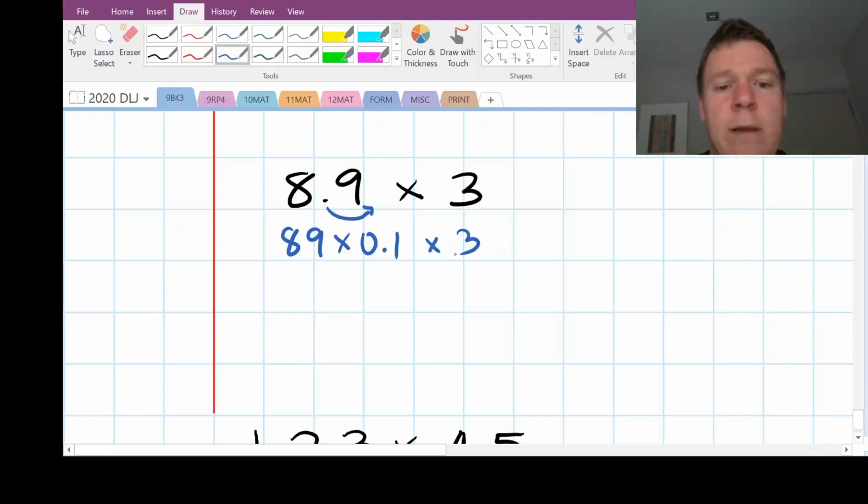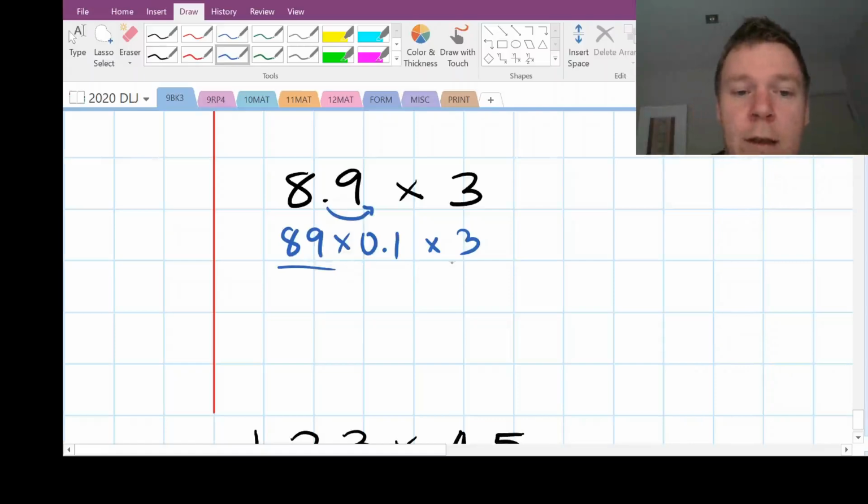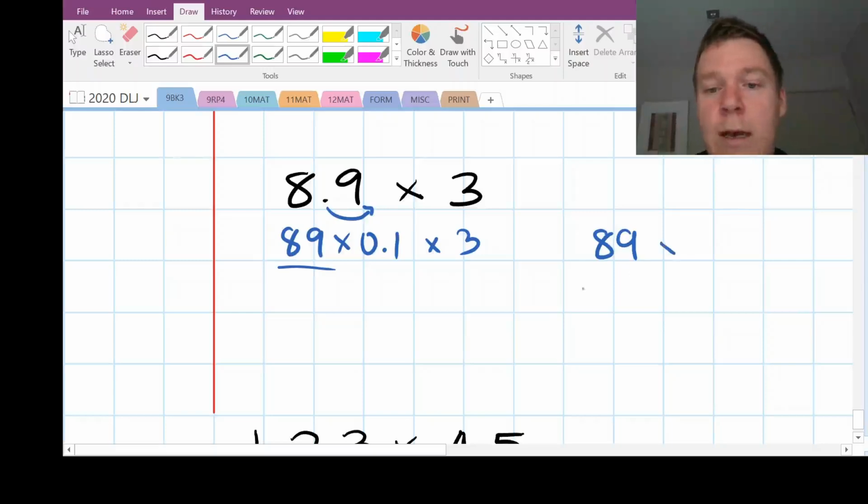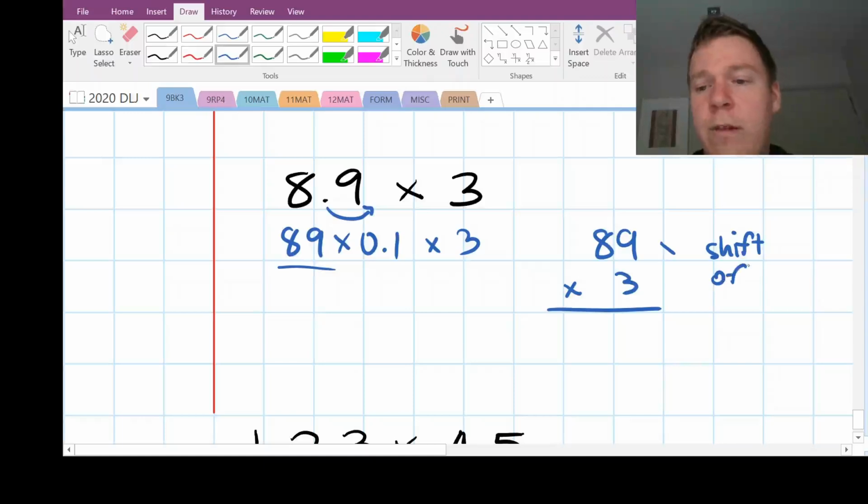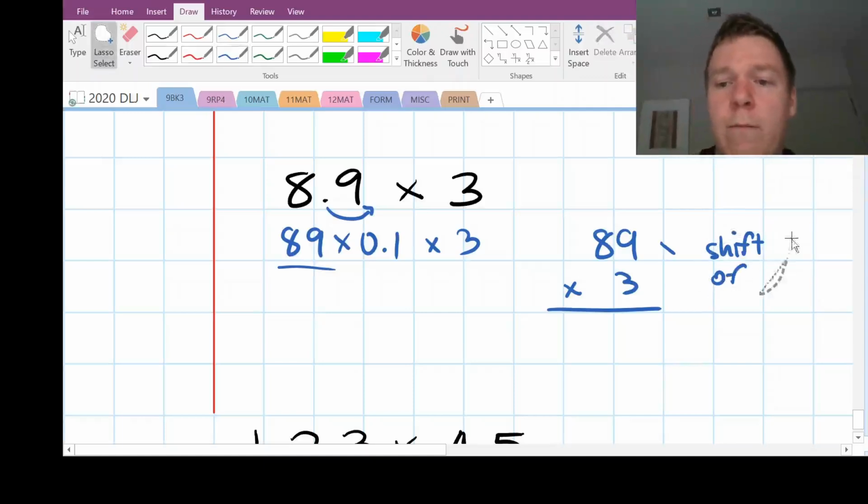Alright, now this is a little bit trickier because we've got a 2-digit number, but basically what we've got is 89 times 3, and then we've got a shift of, well, let's not call it that.